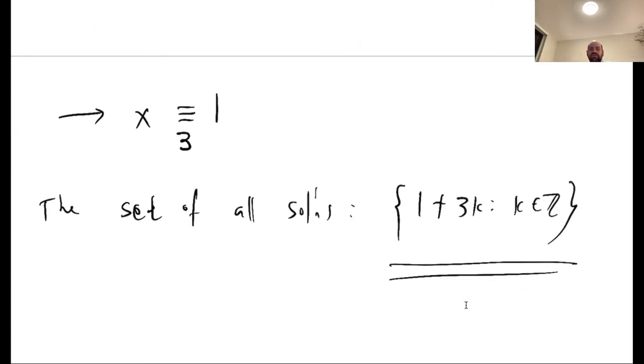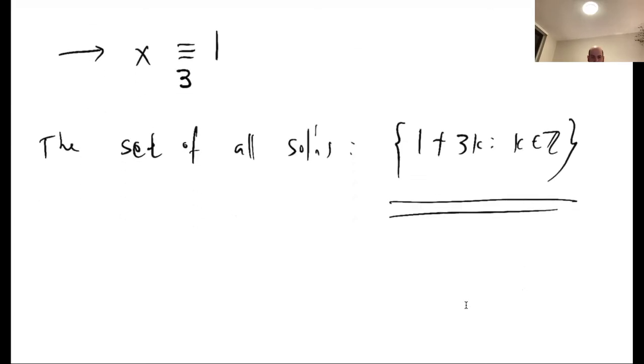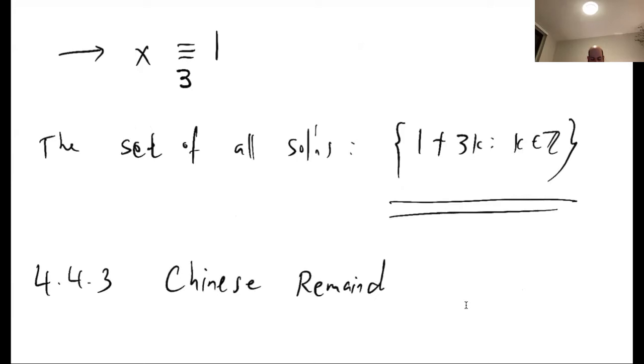Now the next subsection basically is the Chinese remainder theorem.